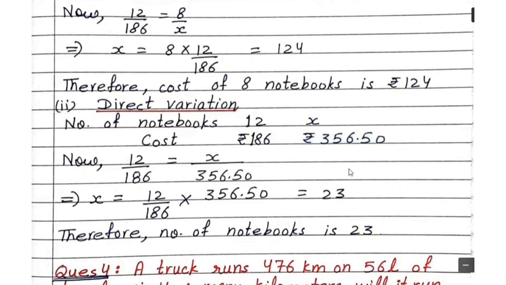So let us solve this by taking them in fraction form and then we do the cross multiplication. So this is 12 upon 186 into, now 356 will go to that side, into 356.50. After cancelling the terms and simplification, the answer is 23. So therefore, the number of notebooks is 23.